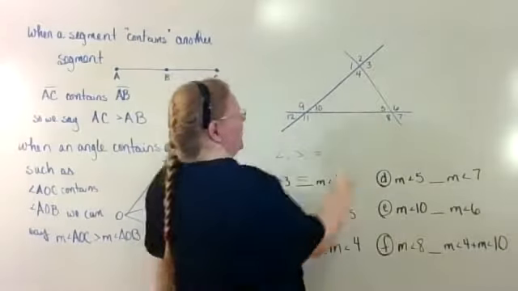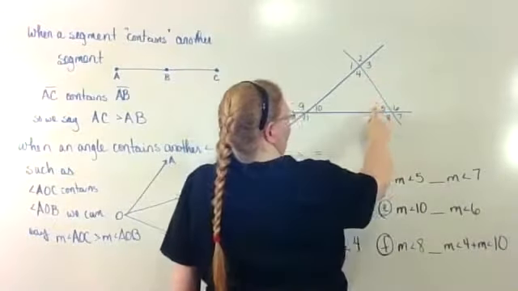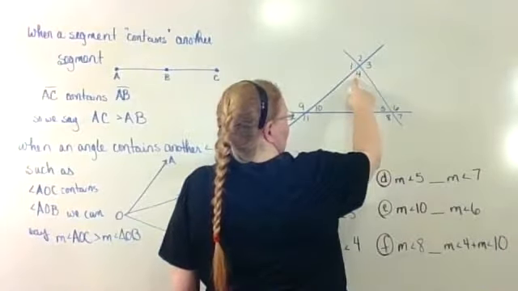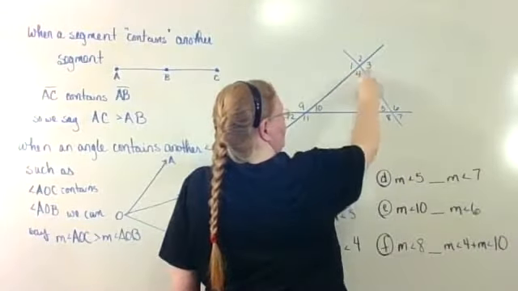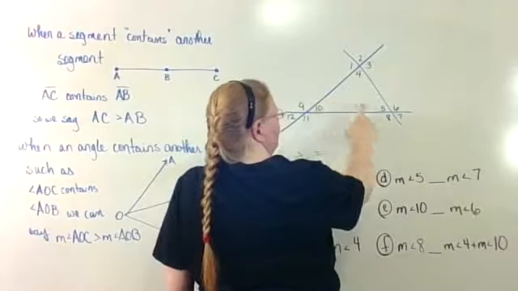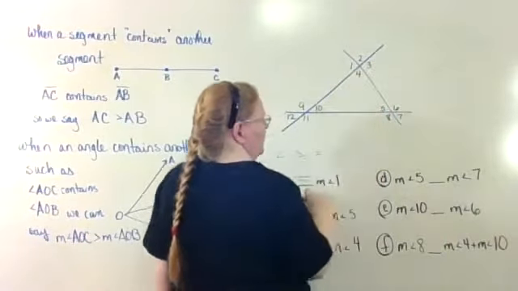So when we're talking about angle 3 and angle 5, angle 3's vertex angle inside the triangle is angle 4. So the remote angles are 10 and 5, which means 10 and 5 must add up to equal 3.